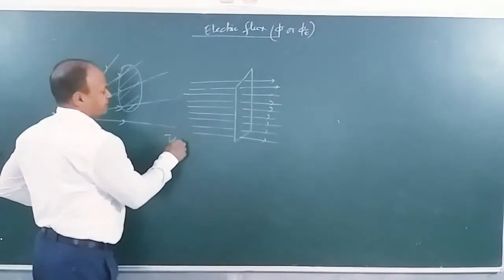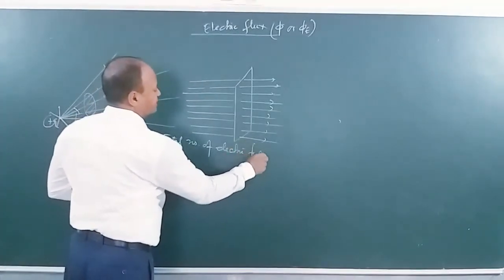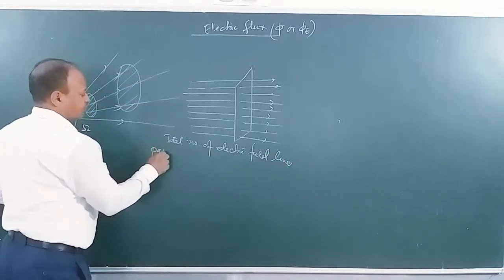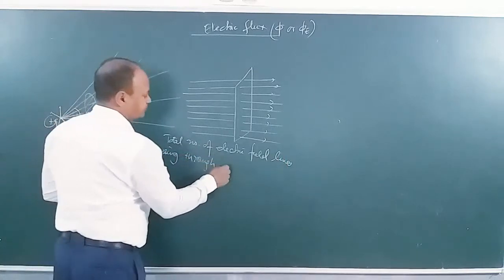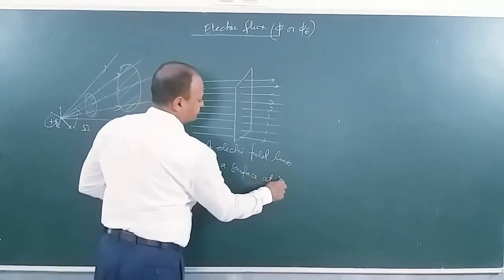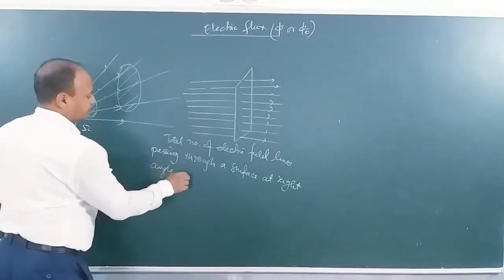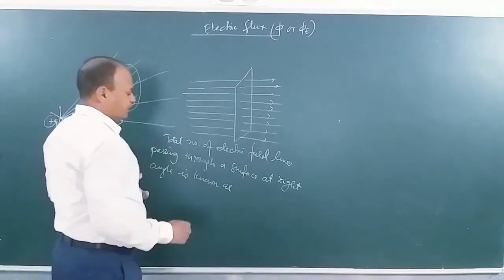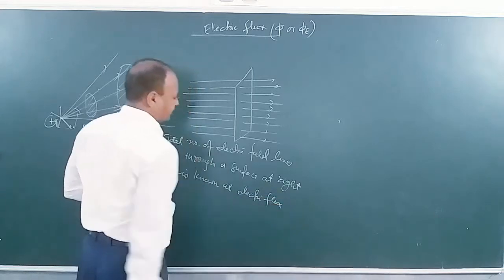Let me write the definition here. The total number of electric field lines passing through a surface at right angle is known as electric flux.